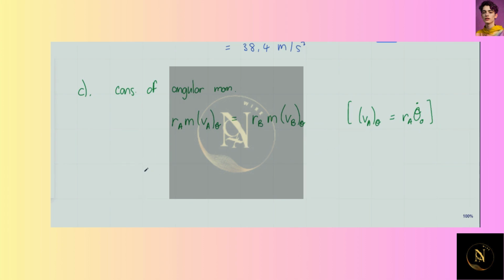And so from here we can rearrange this and find the transverse component of the velocity of the collar at point B. If we rearrange the equation, it is 150 millimeters over 450 millimeters, so RA over RB, times 150 millimeters times theta dot naught, which is 16 radians per second.